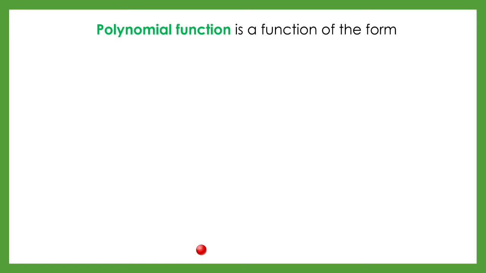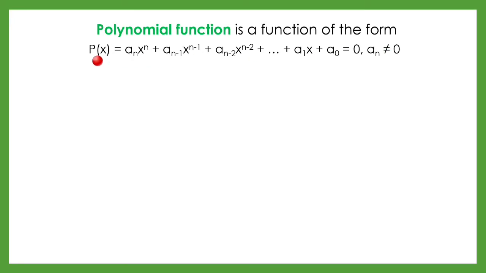What is polynomial function? A polynomial function is a function of the form P of x equals a sub n times x raised to n plus a sub n minus 1 times x raised to n minus 1 plus a sub n minus 2 times x raised to n minus 2 plus a sub 1x plus a sub 0 equals 0, where a sub n is not equal to 0.